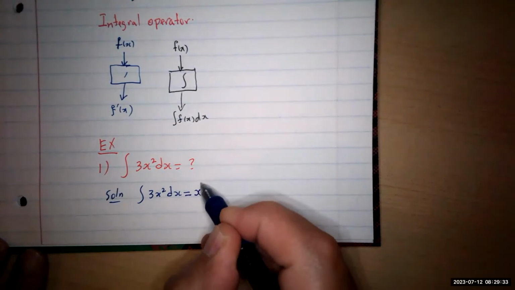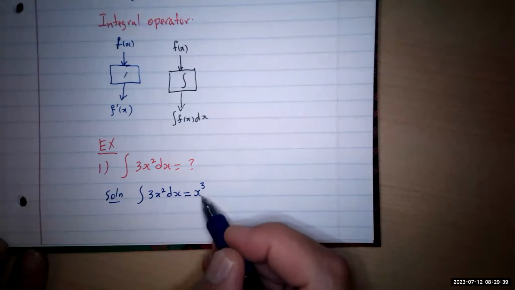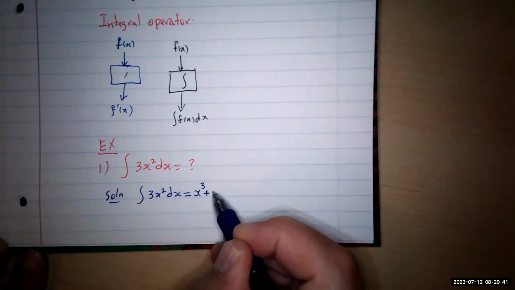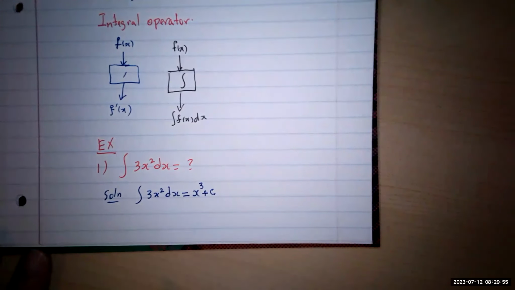But remember, x cubed is just one of them. As soon as we find one, we add the constant c to get the general one. Anytime we use the notation of the integral, we are interested in the general one.